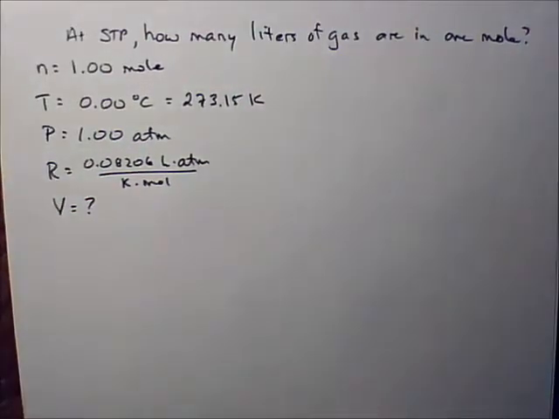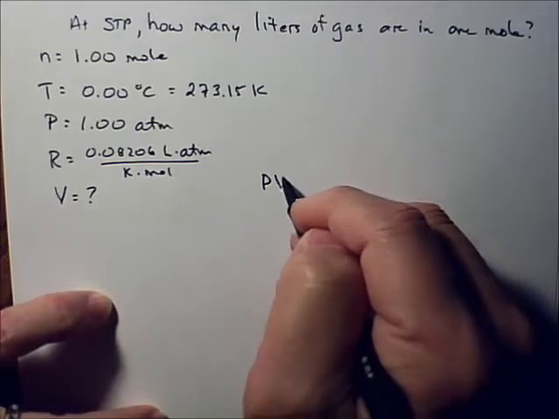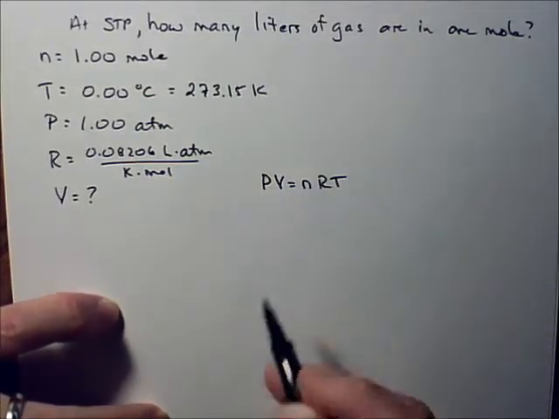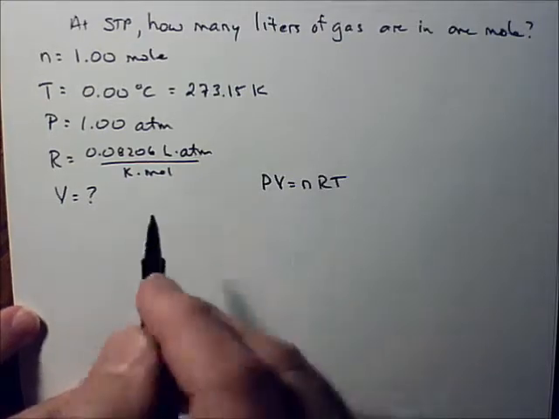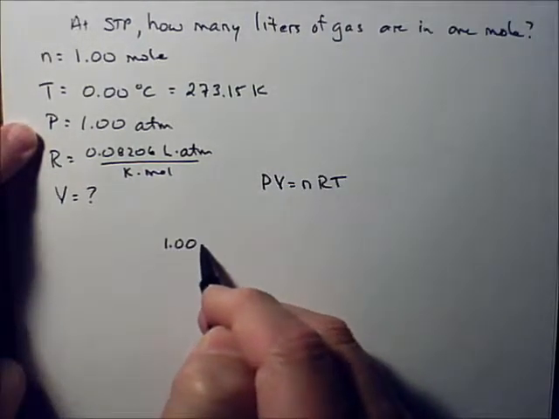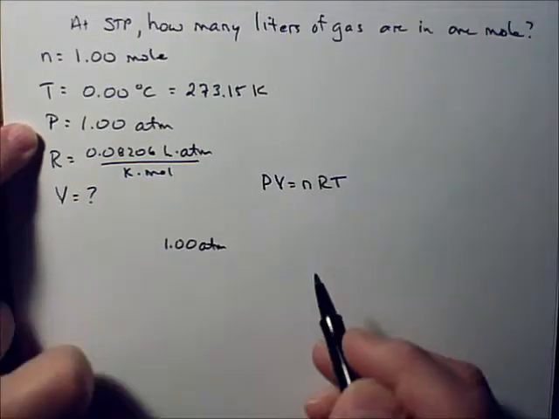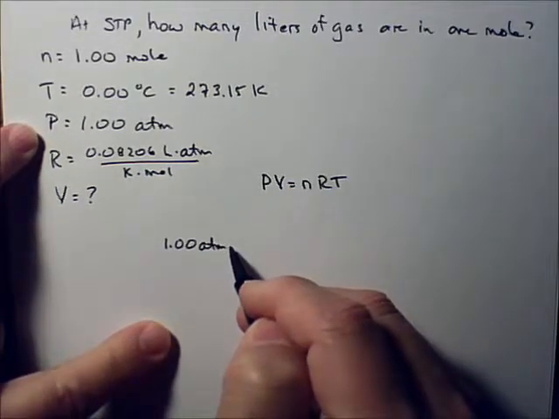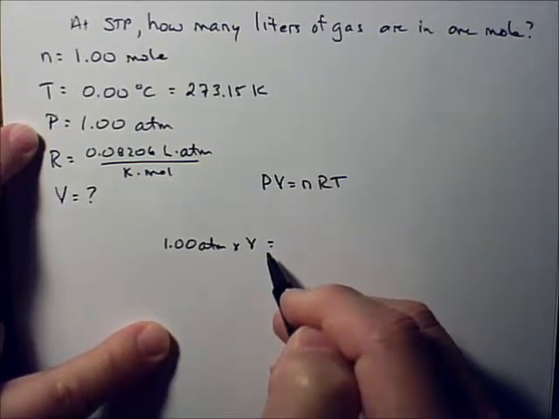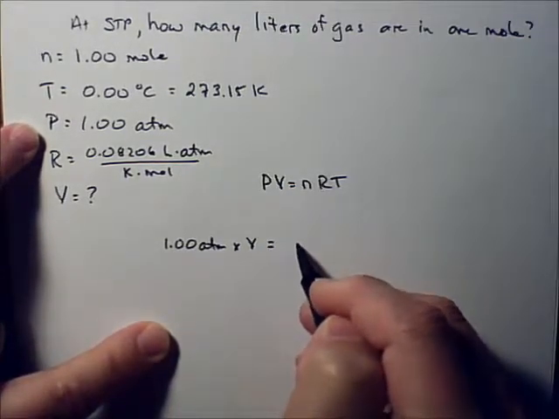All right, so we have all the pieces we need now to plug into the ideal gas law. We're just trying to find V. So pressure is 1 atmosphere, times volume, which we don't know. n is 1 mole.